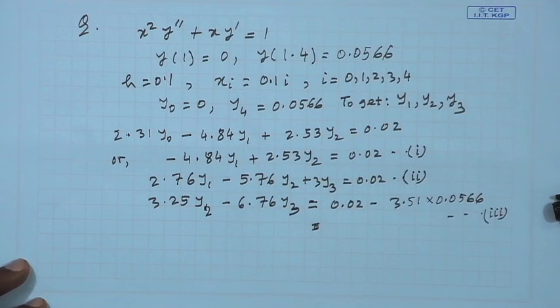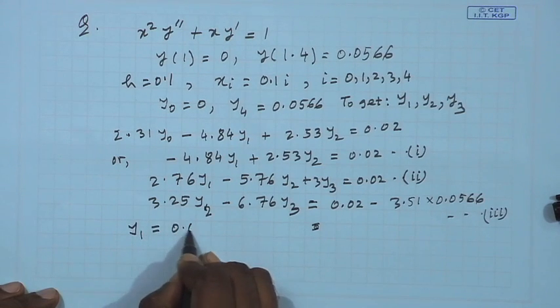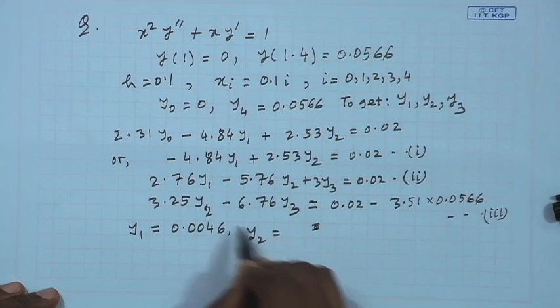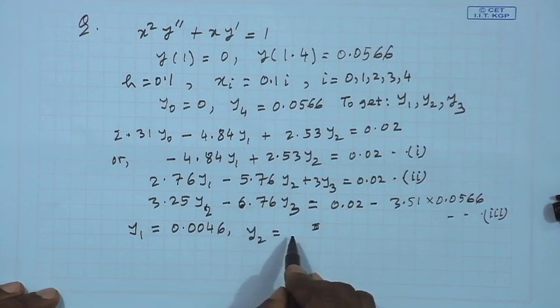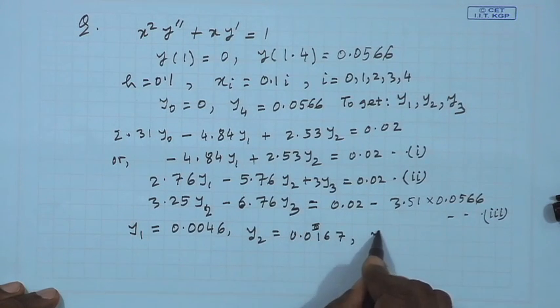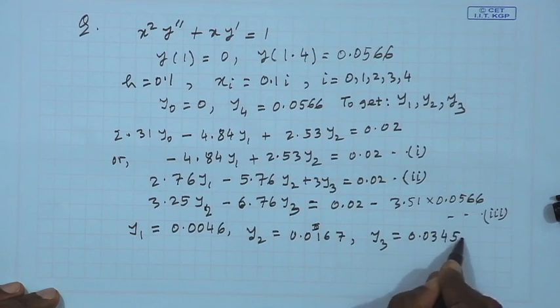So, we now have 3 linear algebraic equations which can be solved, and the solution looks like y1 equal to 0.0046, y2 equal to 0.0167, y3 equal to 0.0345.